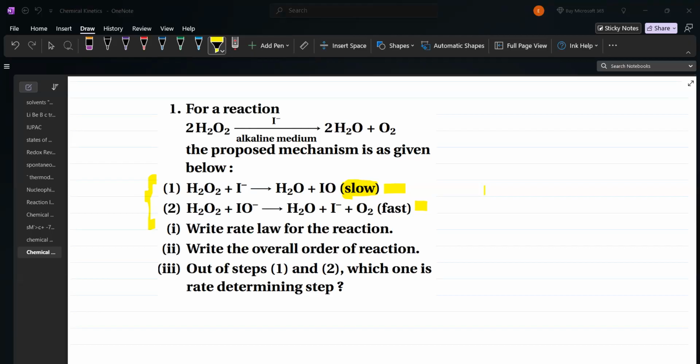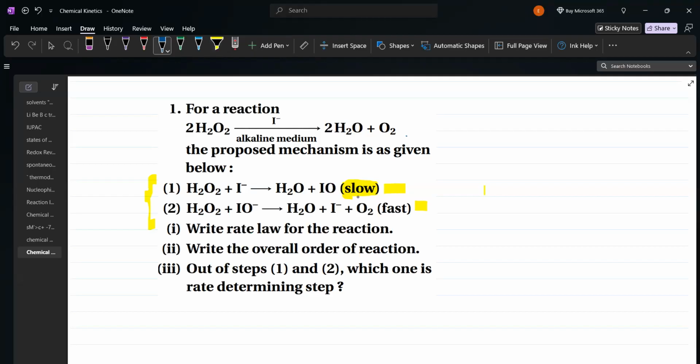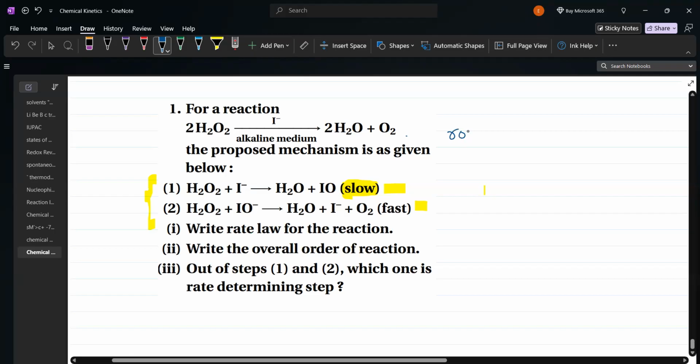So it seems you people are stuck, so let's solve this question. The question says that this is the reaction. However, it already told that this is a complex reaction because it has broken the exact reaction into two steps. Then it is saying to write the rate law for the reaction. So obviously the answer will not be a direct R equal to H2O2, like this.